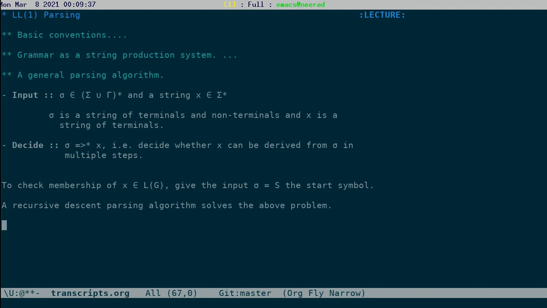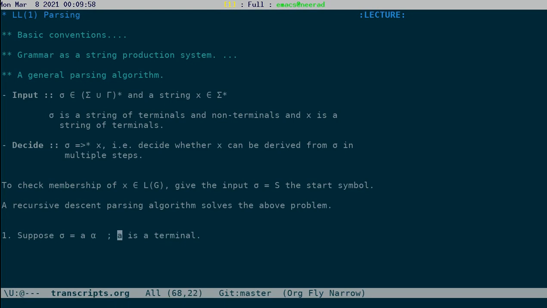Okay. So what is the main idea here? The first idea that we want to talk about is, suppose sigma looks like a times some alpha, where a is, by convention, a terminal. Okay.